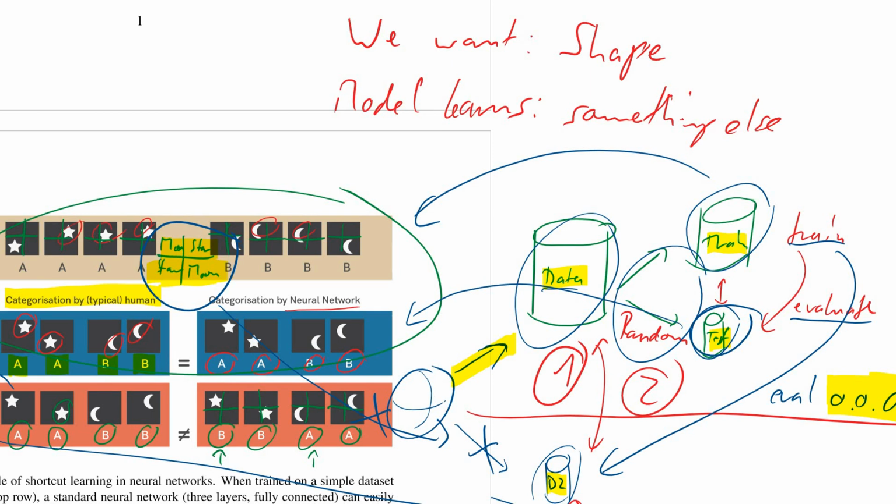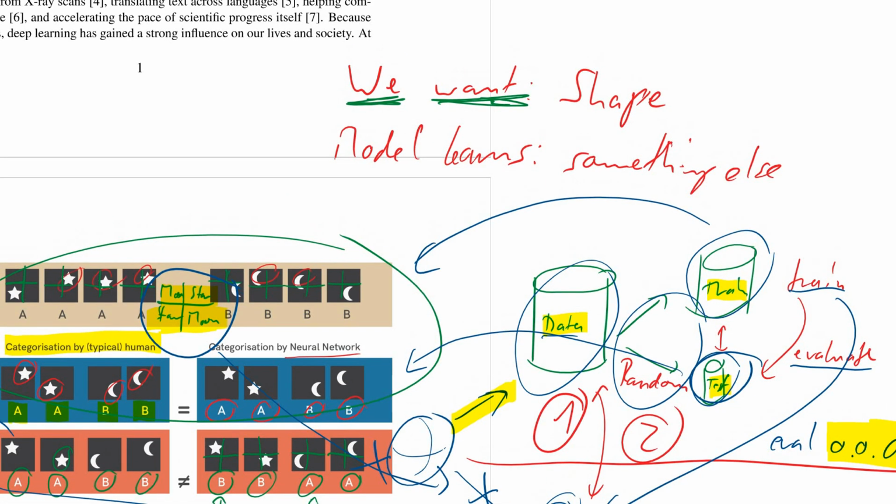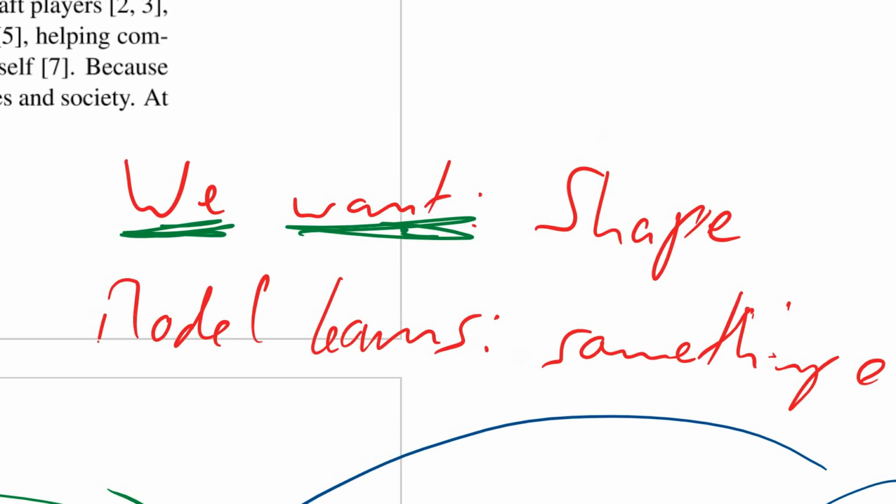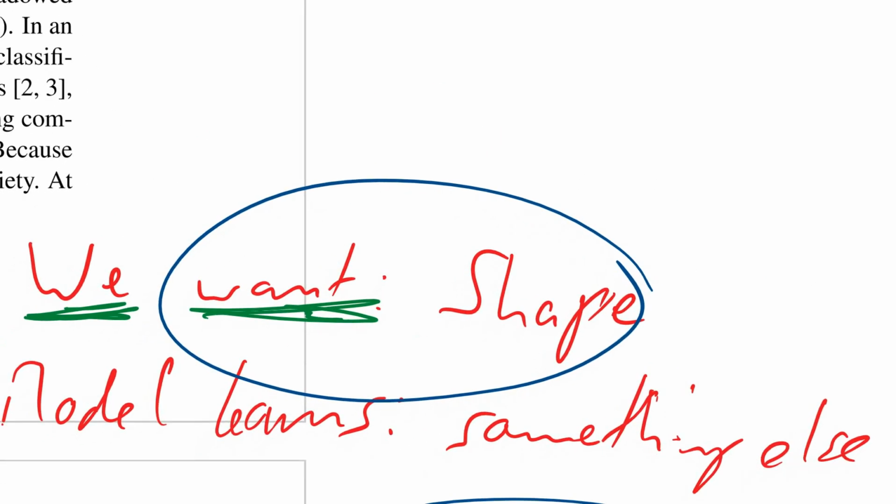And the crucial part here, and I think this paper isn't putting as much emphasis as it deserves, is the two words we and want. So basically my answer to this is, first of all, the word want. We want shape. And my comment to this is, you can't formulate that. You can't formulate it.